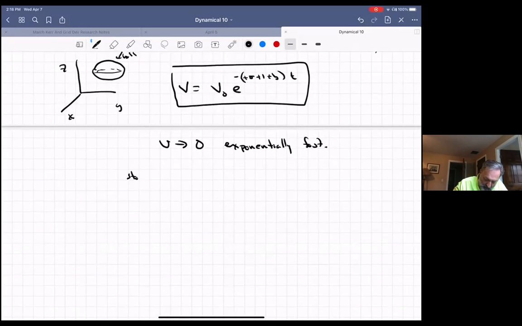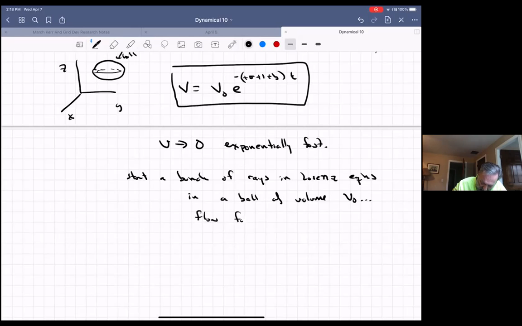So if I start a bunch of trajectories in the Lorenz equations, in a ball of volume V0, and I flow them forward, the ball volume goes to 0 really fast. Okay, so good so far?